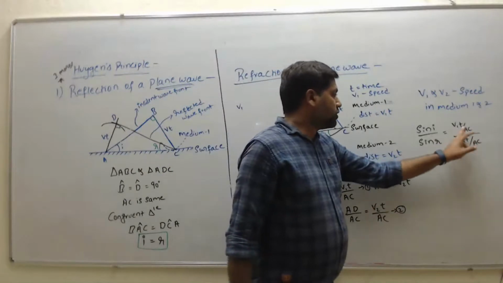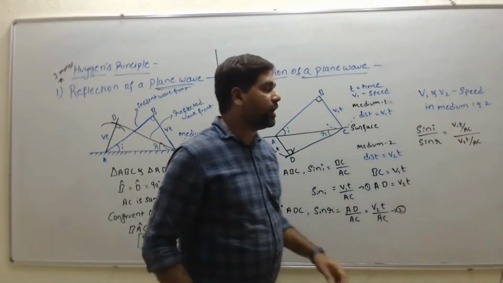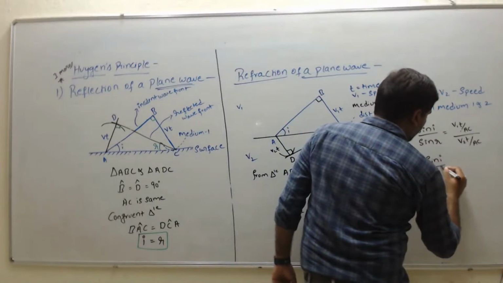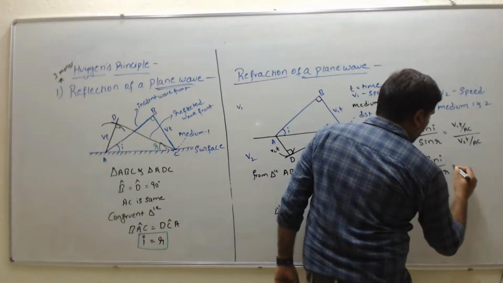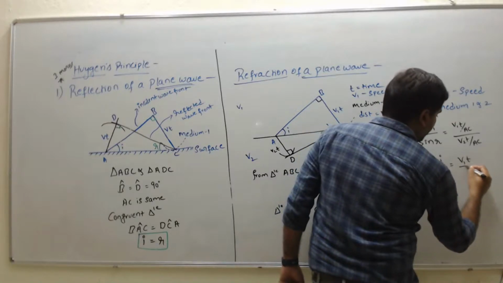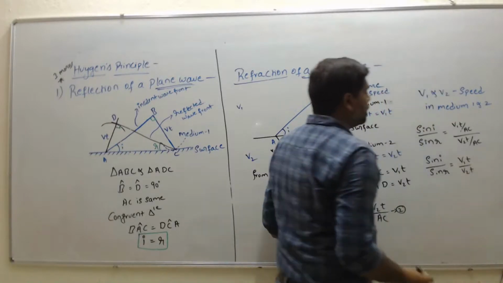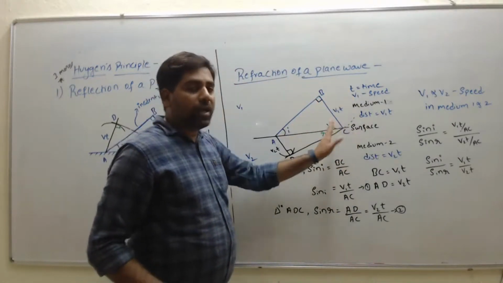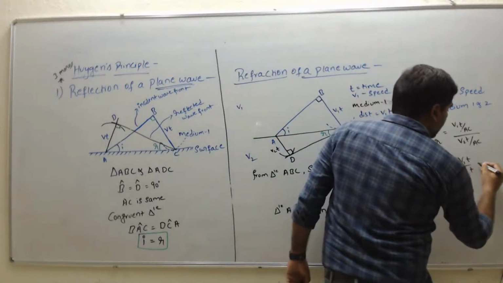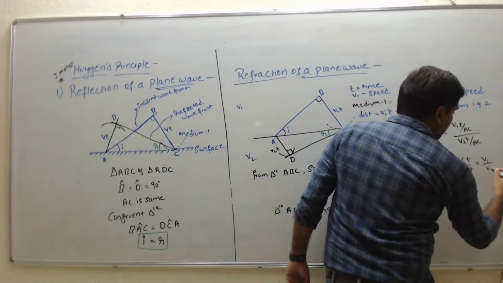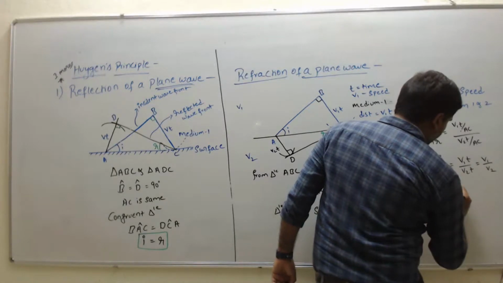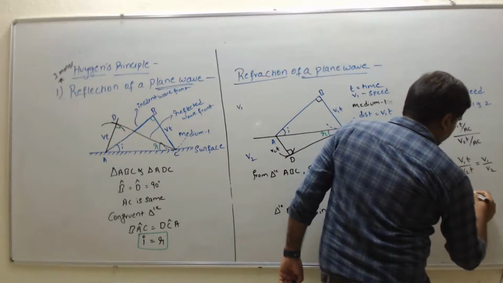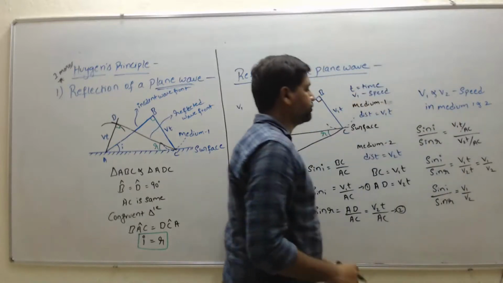In the denominators of these two terms, AC is common, we cancel those two terms, then we get sine I by sine R equals V1T by V2T. Here we already said that T is the same in both the mediums, then T gets cancelled, we get V1 divided by V2. That is sine I by sine R equals V1 by V2.